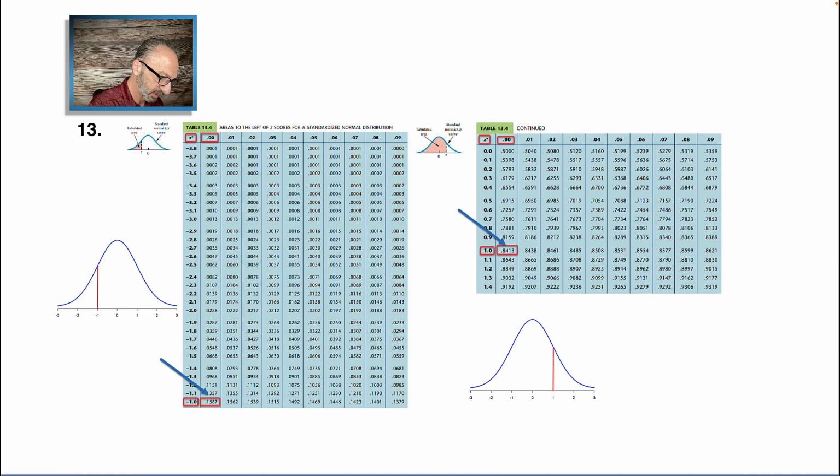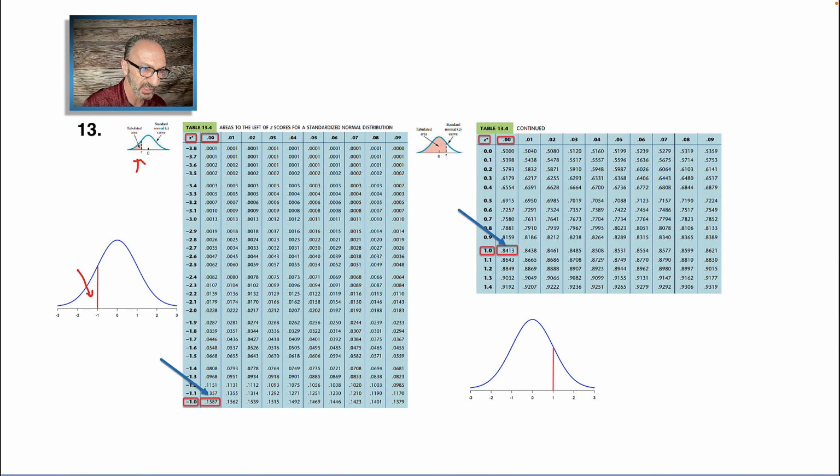Here's z equals negative 1, exact, 0.1587, and here's z equals 1 exact. So this right here is, of course, we always read it to the left as the table says. In case the book is giving you the graph on the right, you have to keep that in mind.